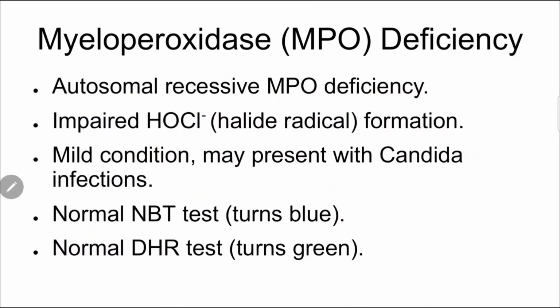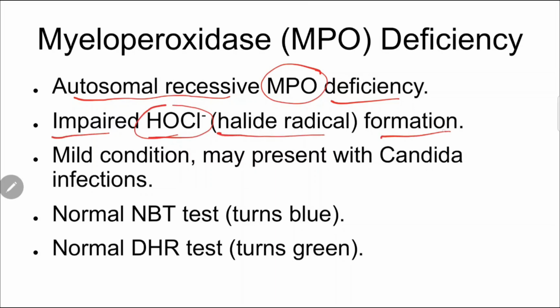Next is myeloperoxidase deficiency. This is an autosomal recessive disorder where you have a deficiency of myeloperoxidase. Myeloperoxidase, if you remember, is the last step of converting hydrogen peroxide into hypochlorous acid, right? So in this disorder, there's an impaired halide radical formation, right?